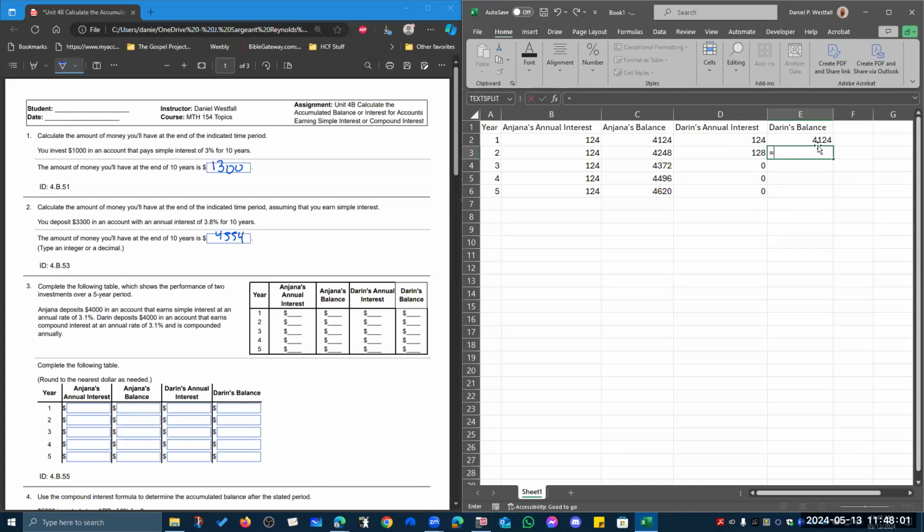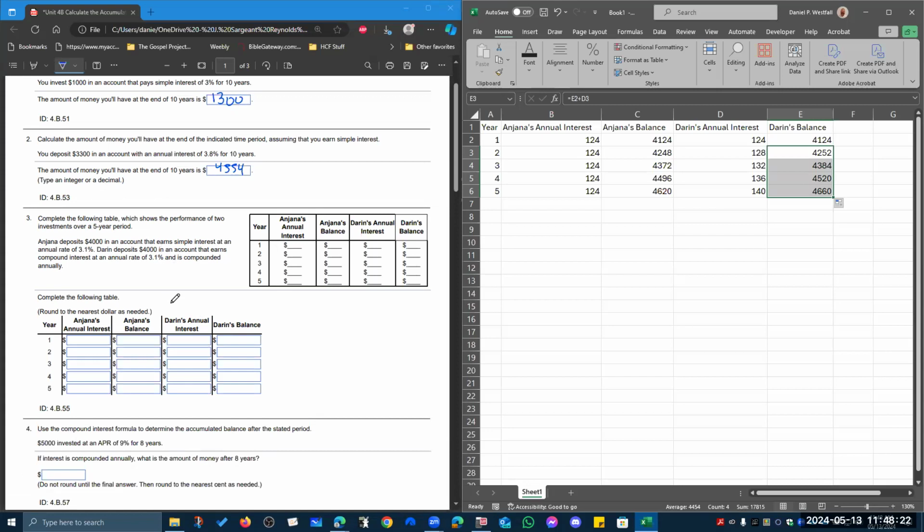And this is going to be equal to this balance plus this interest that was calculated. And I'm going to drag that down here. I've already set my cells up to give me values to the nearest dollar, because that's what the problem asked me to do. So this should be 124.